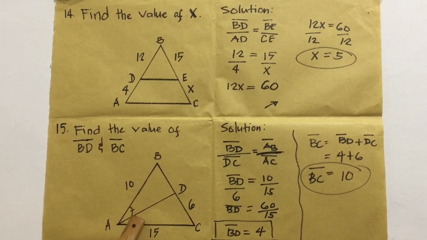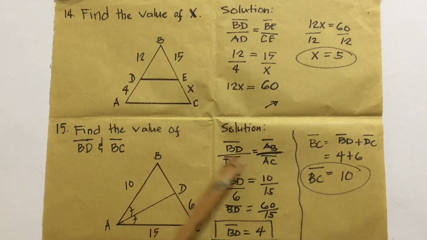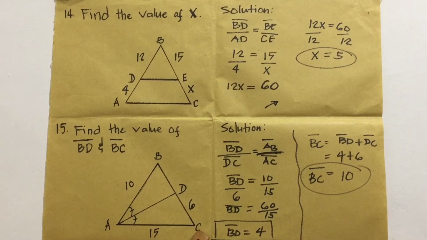These are the marks showing that angle A is divided equally. So in this situation, our first proportion will come from this segment, because this is what it divided. Segment BD over segment DC equals segment AB over segment AC.